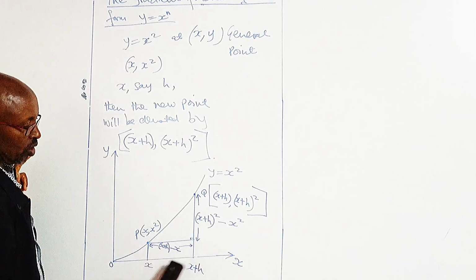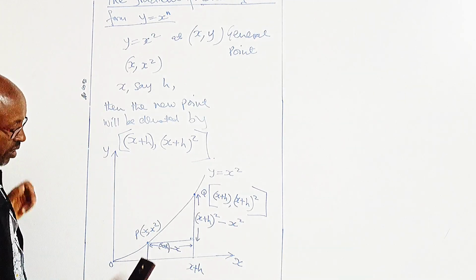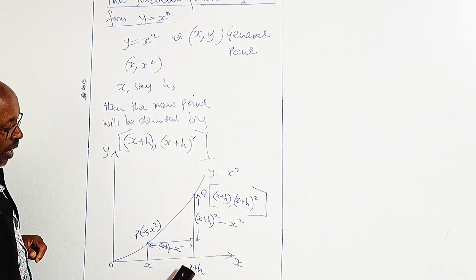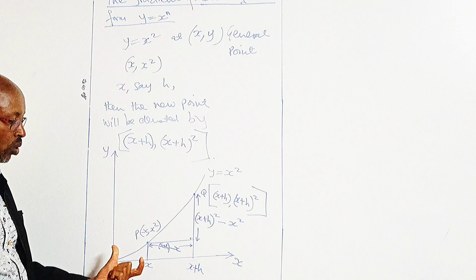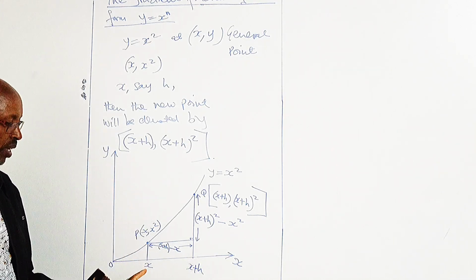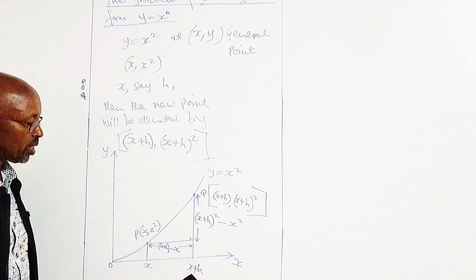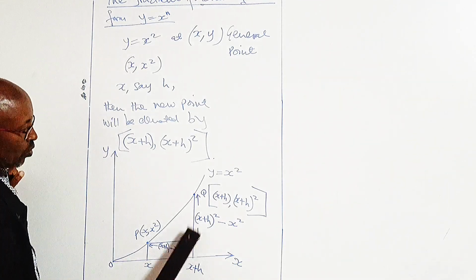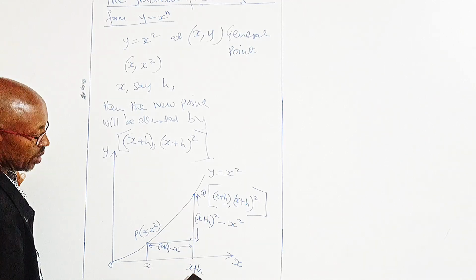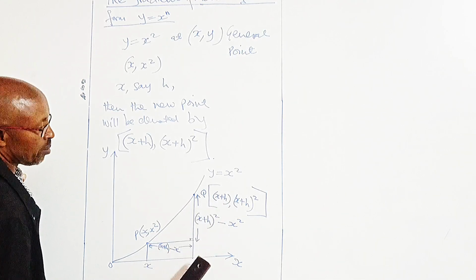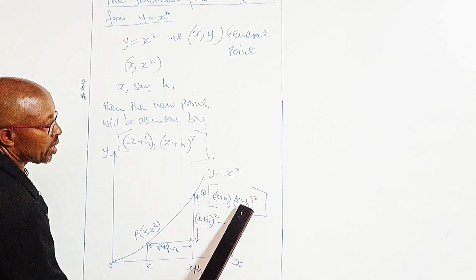On the horizontal axis, the x-axis, we have x, and then x plus h. Because we have a small change in x, which is h, from point x we move to point x plus h. Therefore the coordinates of Q are: the x coordinate is x plus h, and the y coordinate, because y is x squared, is (x plus h) squared.